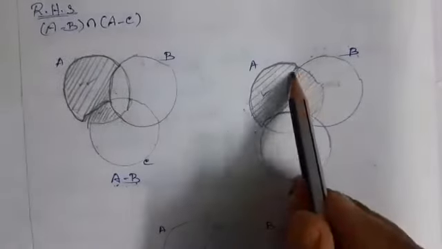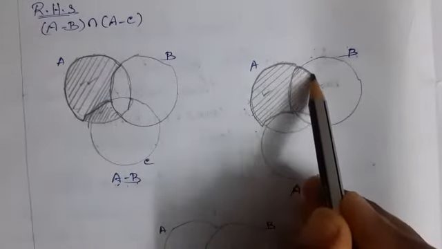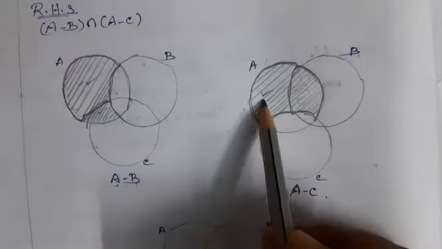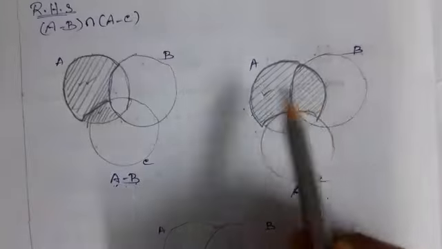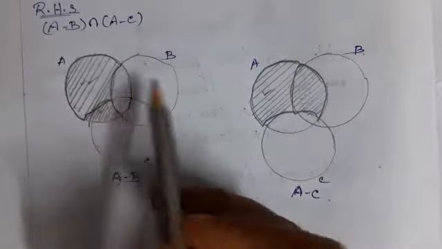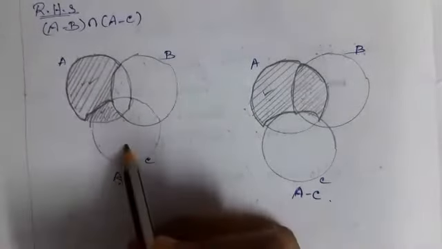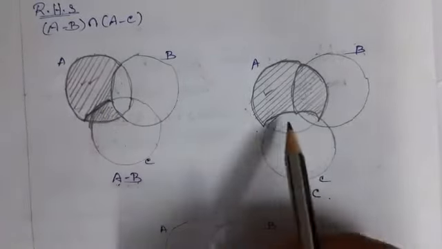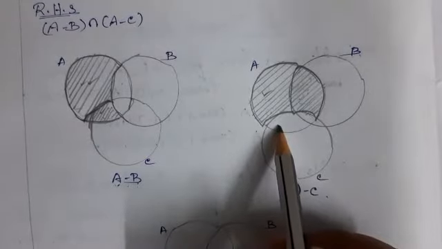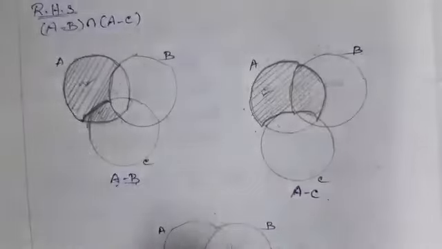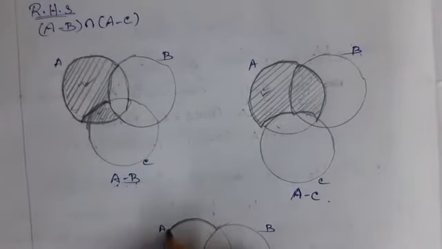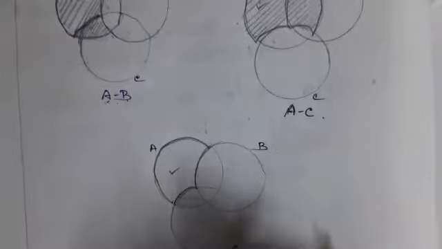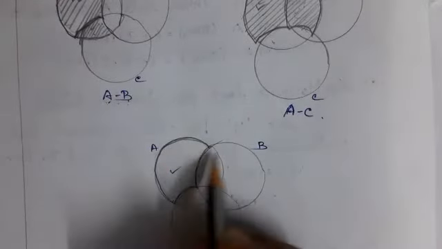Next, here you have the intersection of A and B, but here not present. Now see this A and C portion, but here not. Therefore, only this portion, that is only A, is the answer.